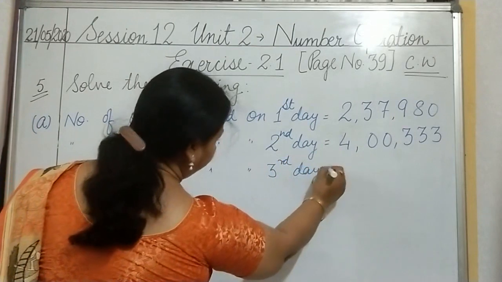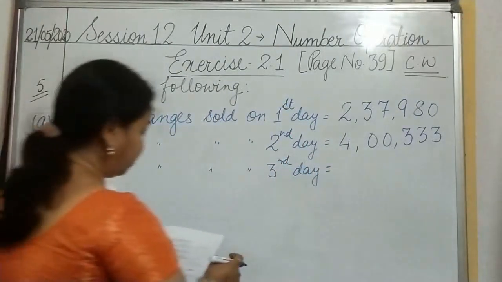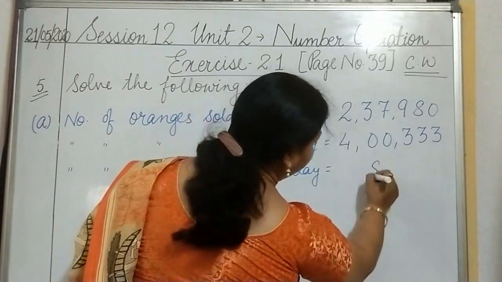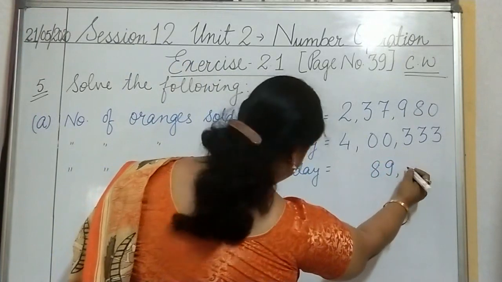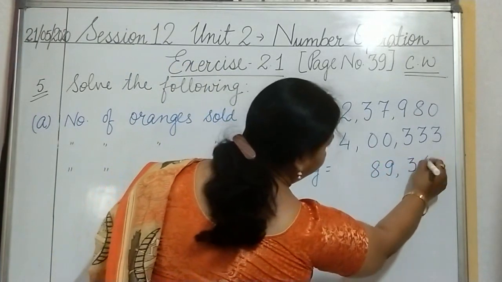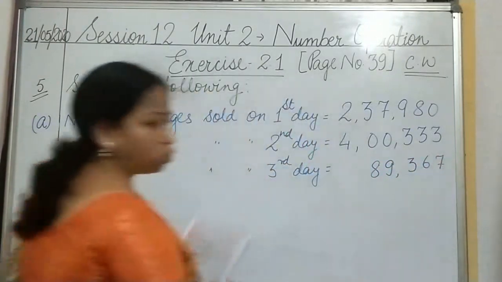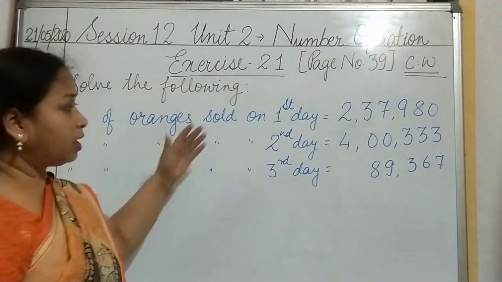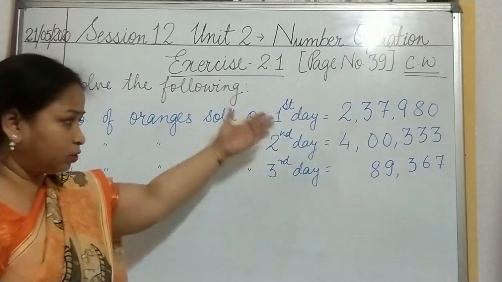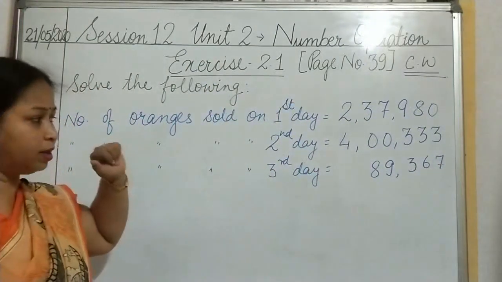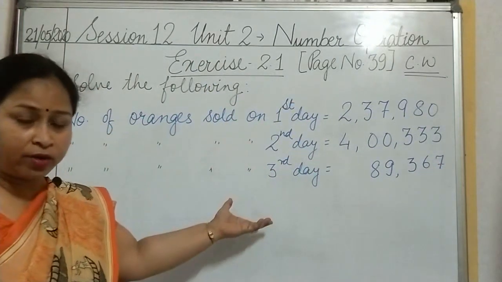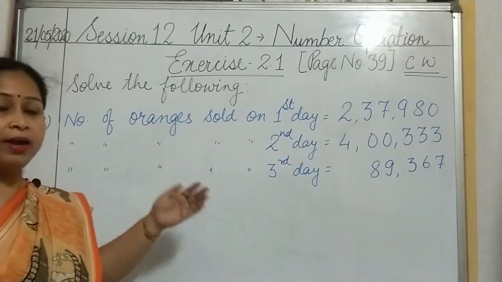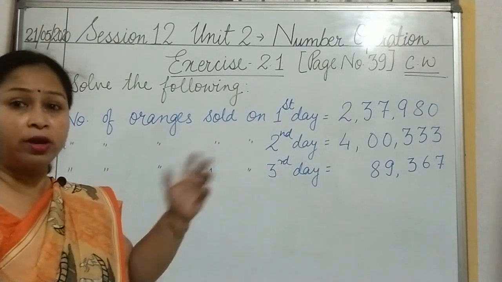Then number of oranges sold on third day. Third day. What is the number given there? So it reduced to 89,367. So a fruit seller was selling oranges, and first day, second day, third day, as you can see the numbers are given over there. Then what do we have to find out? We have to find out how many oranges he sold in total.